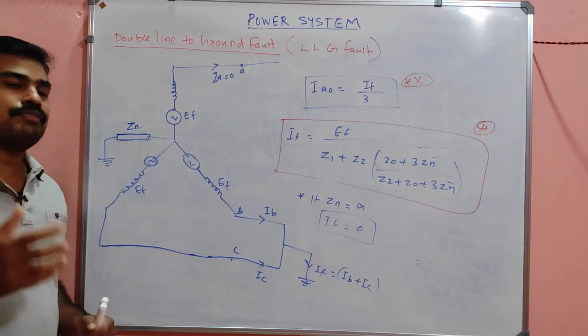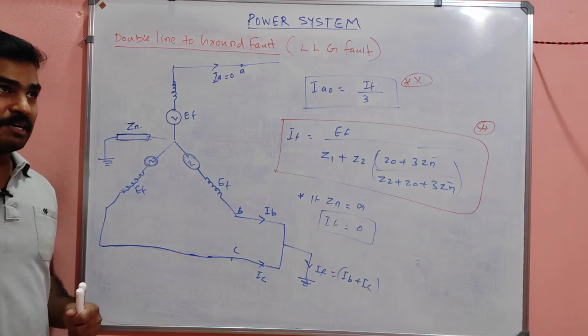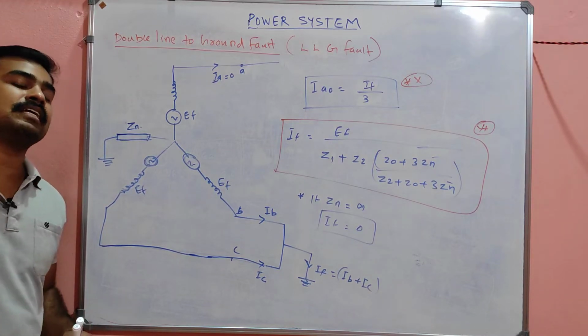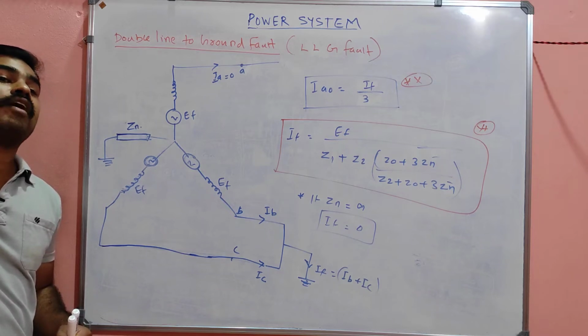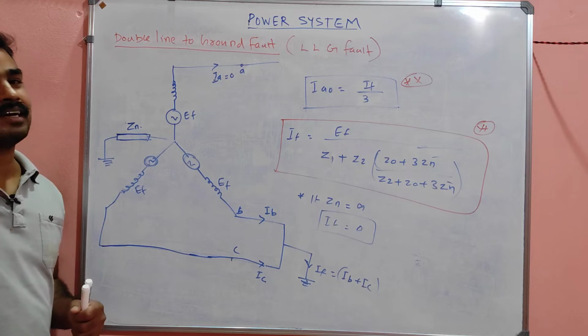In the LG fault, the zero sequence component was IA0 equal to IA1 equal to IA2 equal to IA by 3, where IA is the fault current, because only one phase fell into the ground.